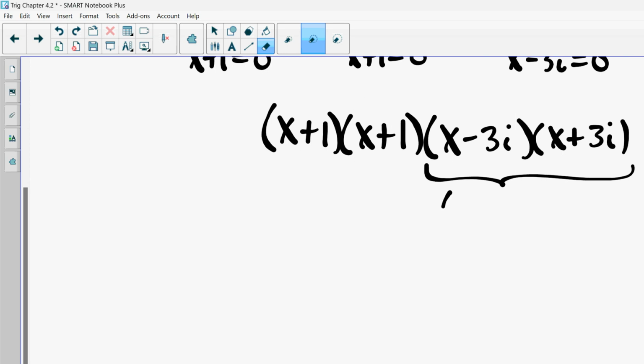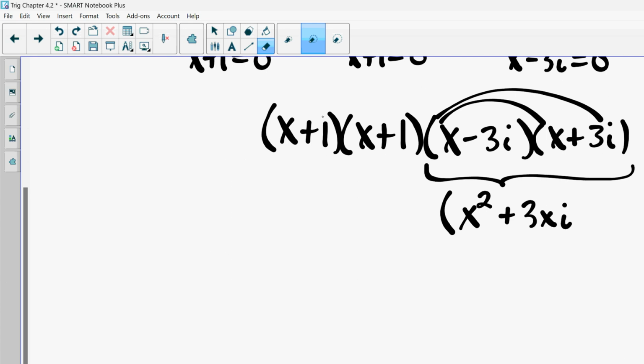Because if we do these here first, x times x is x squared. X times 3i is plus 3xi. Negative 3i times x is negative 3xi. And negative 3i times 3i is negative 9i squared.